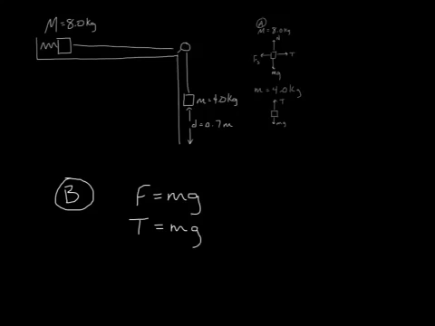To solve for the tension, you will multiply the 4 kilogram mass by 10 meters per second squared, which is the acceleration due to Earth's gravity, 9.8 rounded to the nearest whole number. Multiply these together and you will reach 40 newtons.